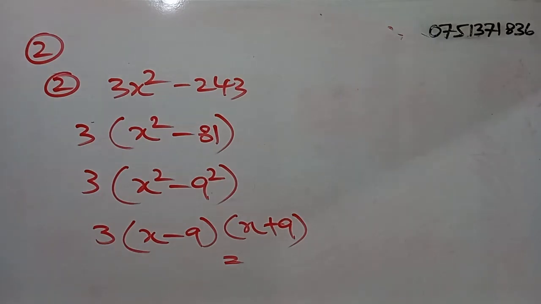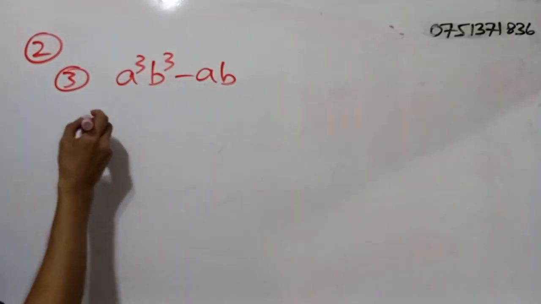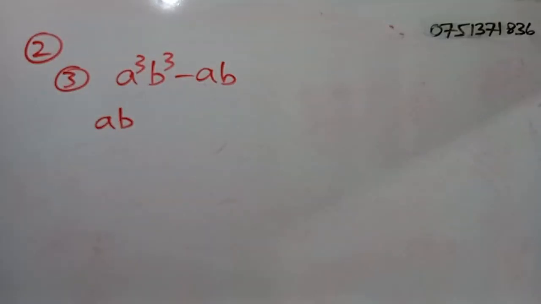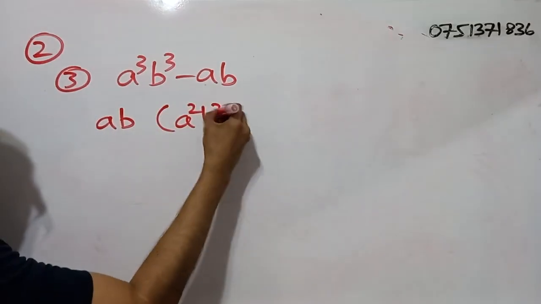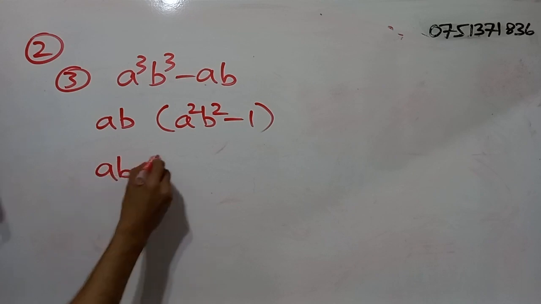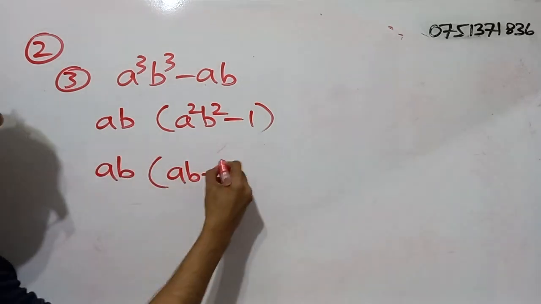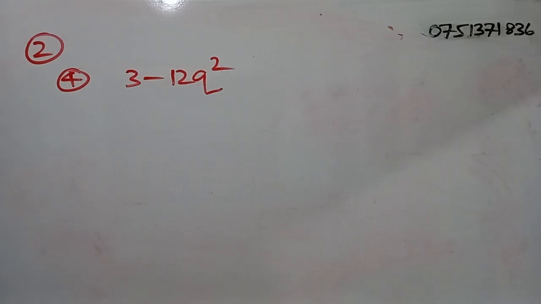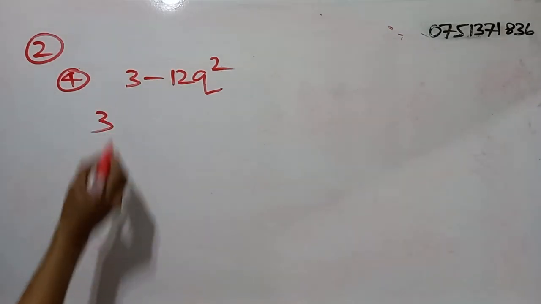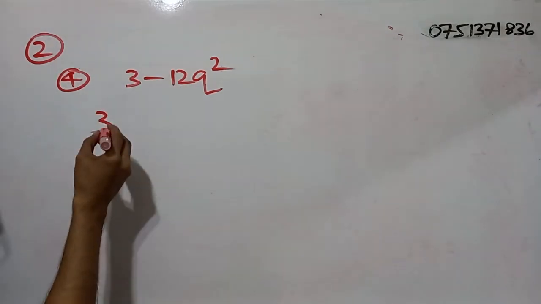That's the answer. Right? So when we consider these two, I can take AB as one factor. So a squared b squared minus 1. Then AB minus 1. Then AB plus 1. This is the answer. When we consider these two terms, I can take 3 as a factor.